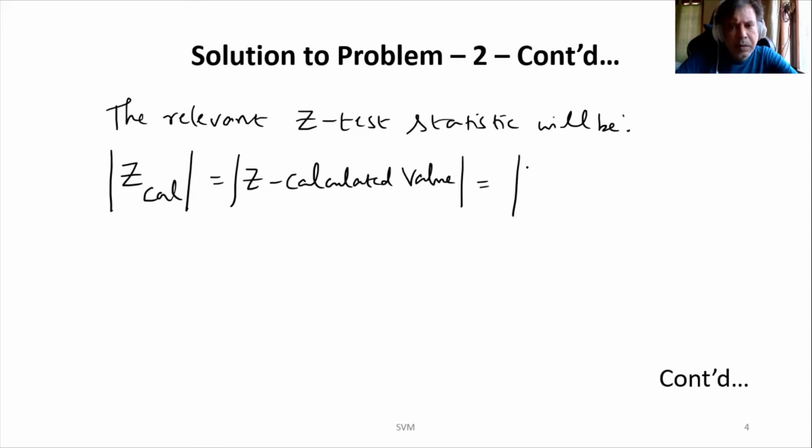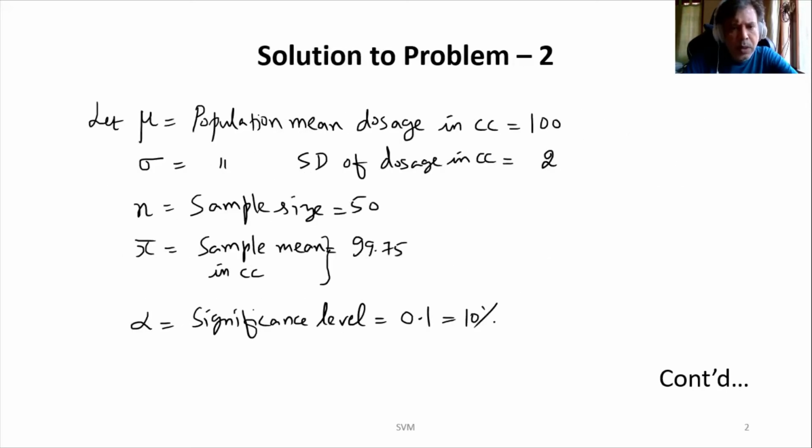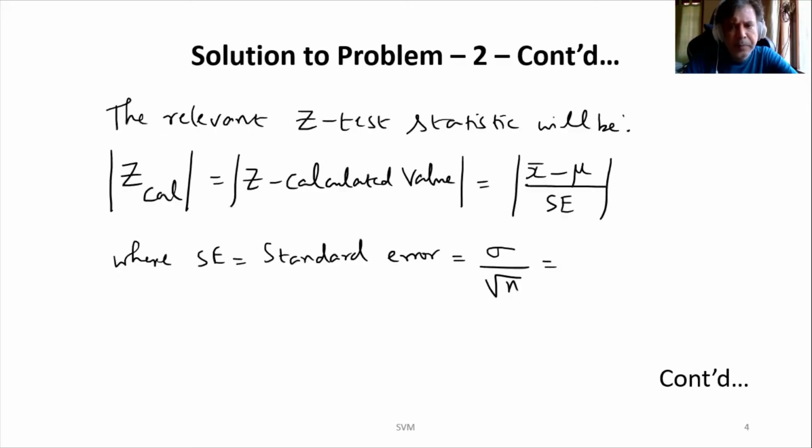That will be x bar minus mu divided by SE, where SE is the standard error. Standard error will be sigma by root of n. Sigma is known to be 2 and root n means root 50. So let's calculate this.